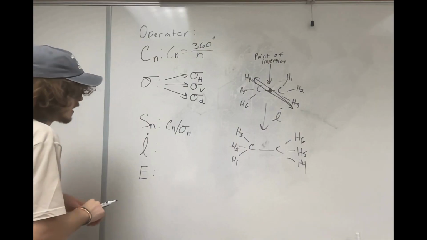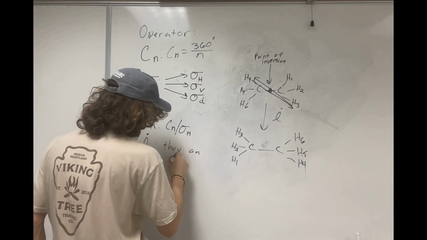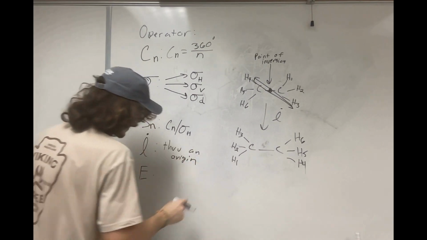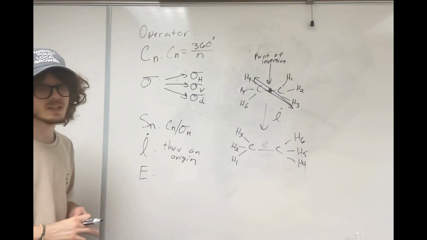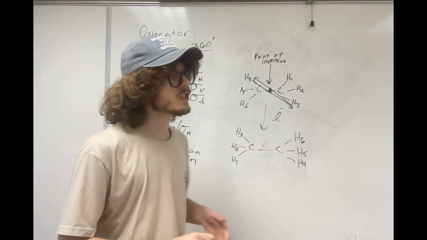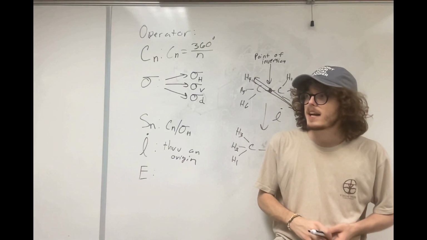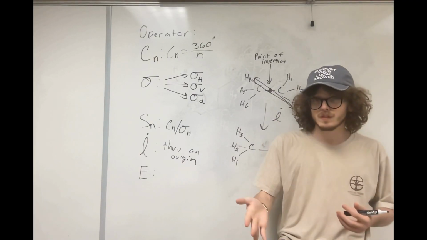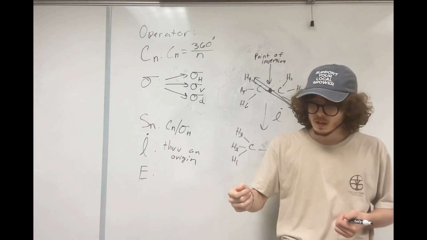Okay, so what about E? And I'm going to say through an origin for that one. E is very easy. It's kind of in the name, right? E for easy. And this one is you don't do anything, quite literally. For the mathematics behind this and in proofs in life, you have to have these trivial things that are true.